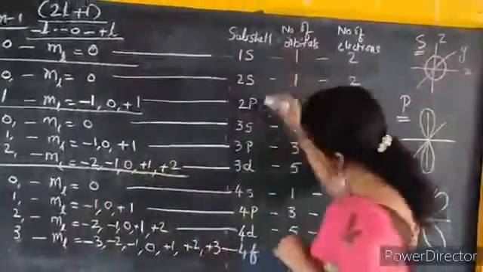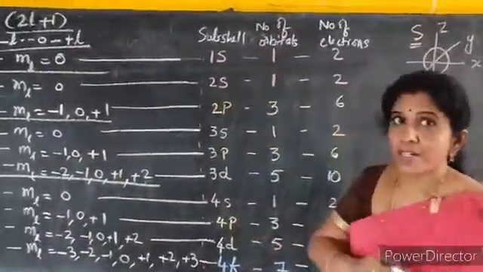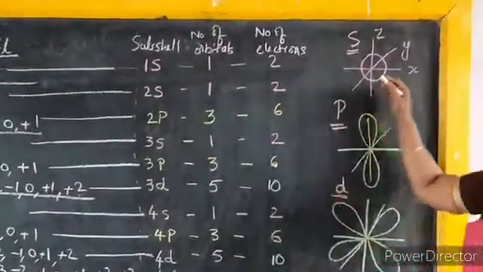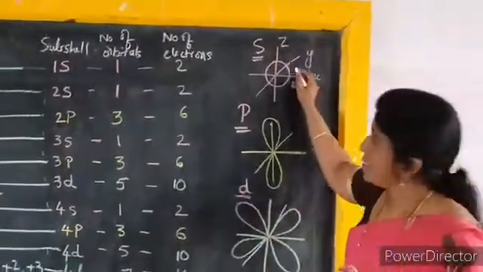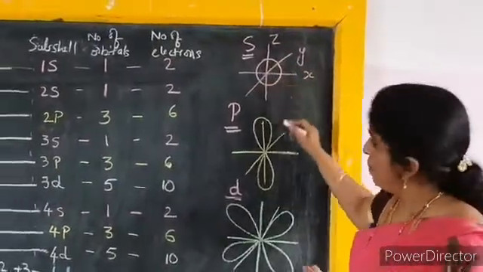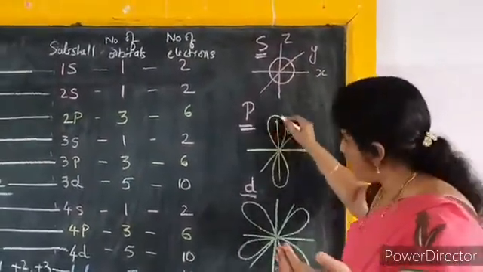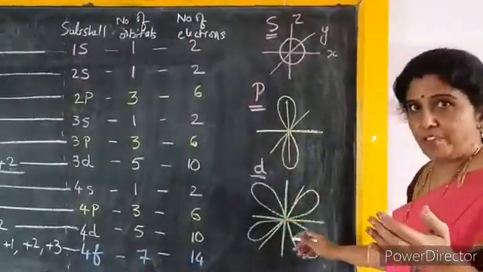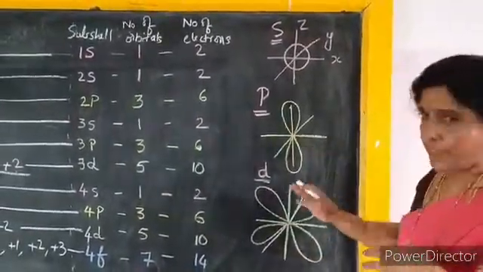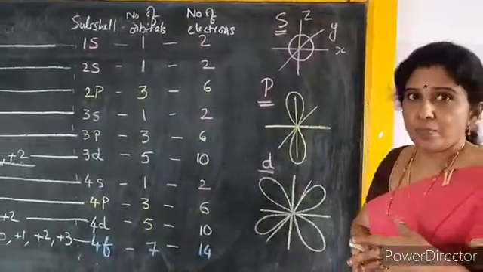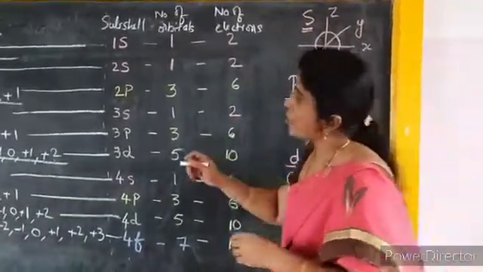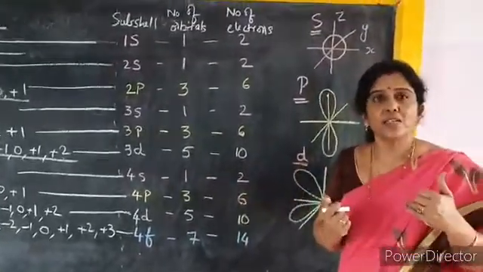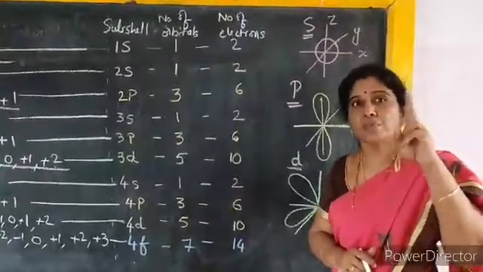Now coming to these subshells, we have already studied about the subshells in the previous class and their shapes. S orbital has spherical shape, P orbital has dumbbell shape, and D orbital has double dumbbell shape. We have already studied about different P and D orbitals in the previous session. Now each orbital can take in how many electrons? Only 2, maximum 2.